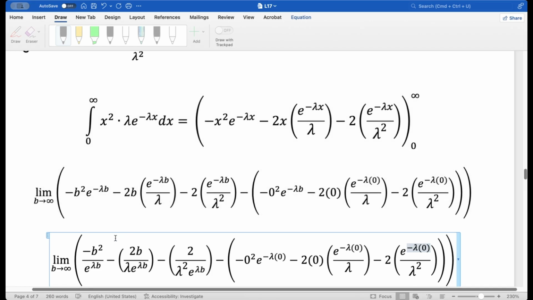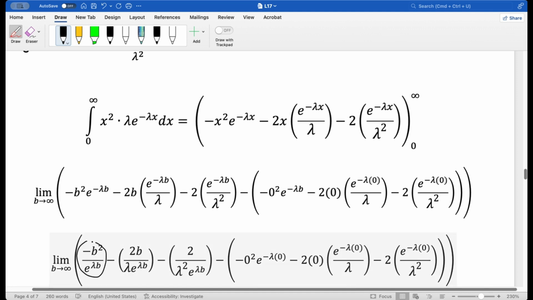What's going to happen again is we have an infinity over infinity situation here in these first two expressions. So both of these, when you do L'Hopital's rule, will both go to 0. Again, it's infinity over infinity.